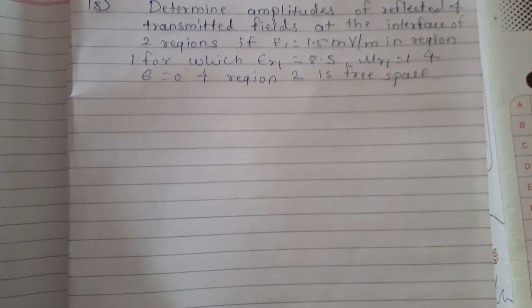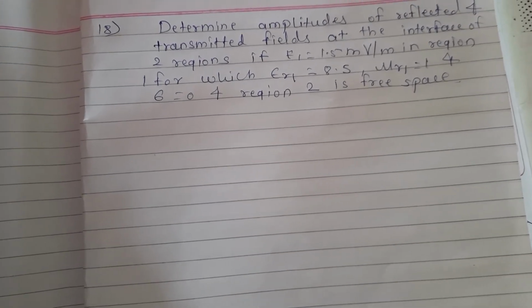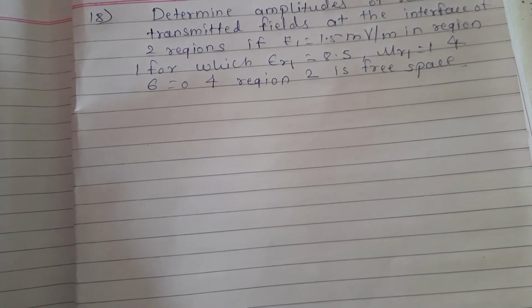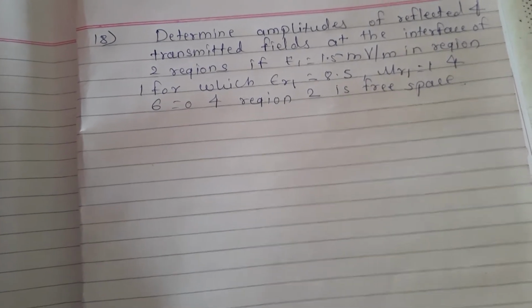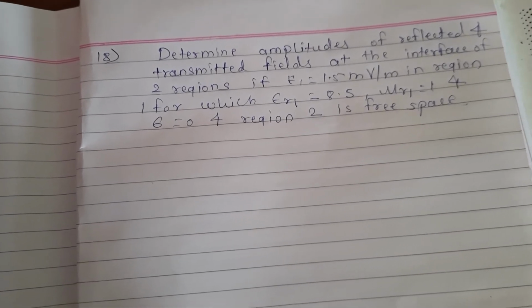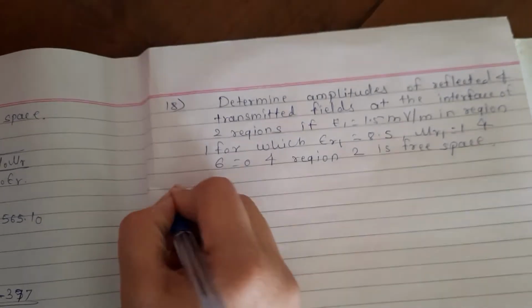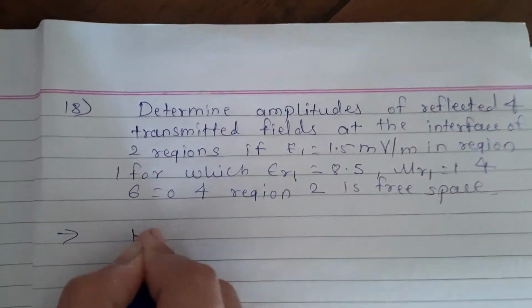Determine the amplitude of reflected and transmitted field at the interface of two regions if E1 is 1.5 mV per meter in region 1 for which epsilon R1 is 8.5, mu R1 is 1, and sigma is 0, and region 2 is free space.